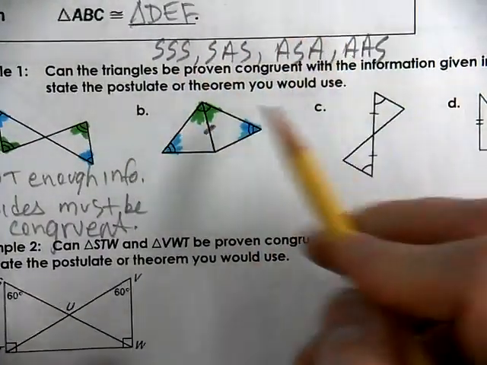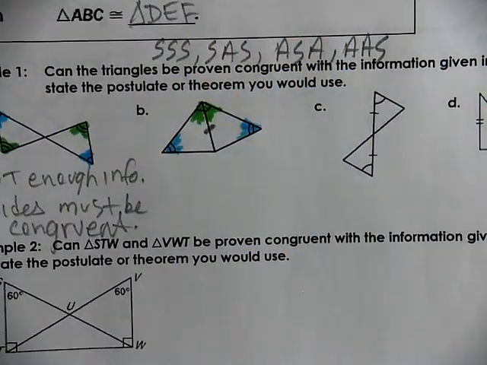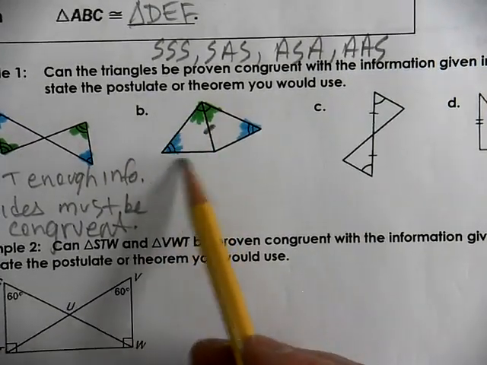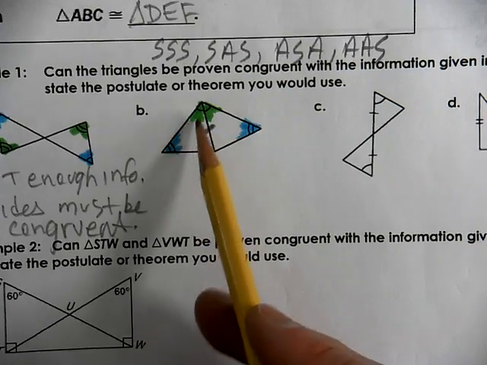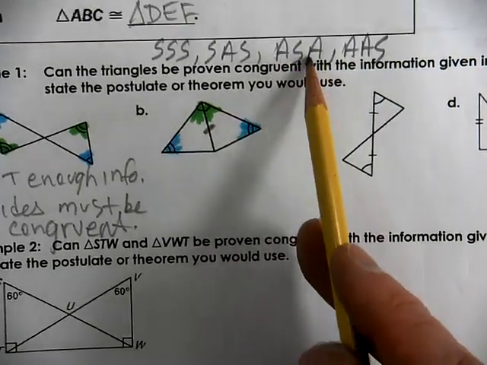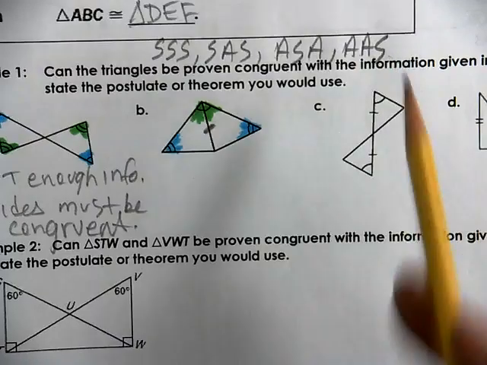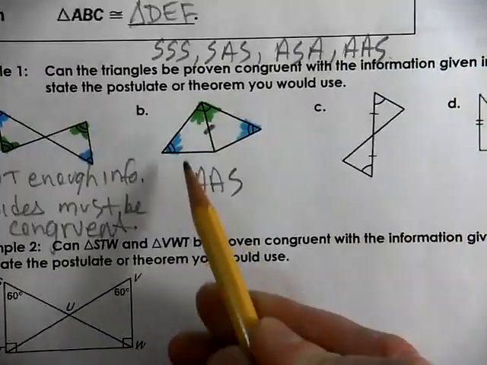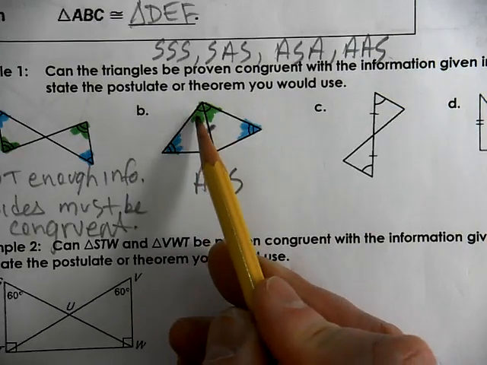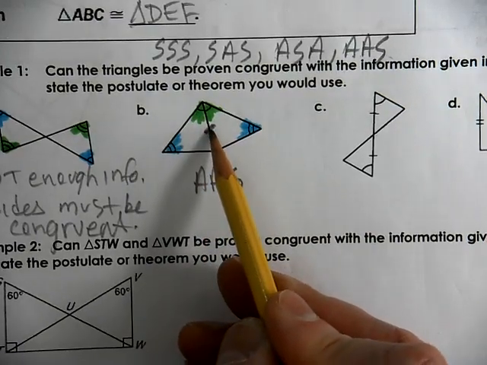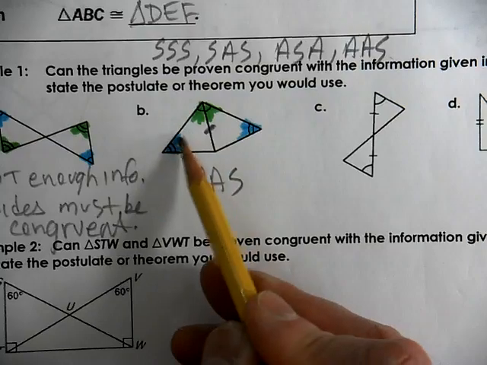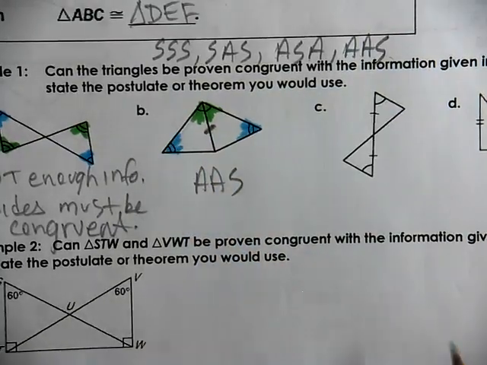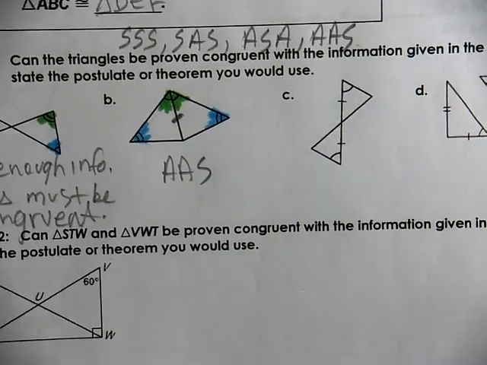So which one of these methods are we going to use? We have 2 A's in one triangle and a side in that triangle. Is it in the pattern of ASA or is it in the pattern of AAS? The blue, the green, then the side. The side is not in between connecting the angles. It's outside of that.